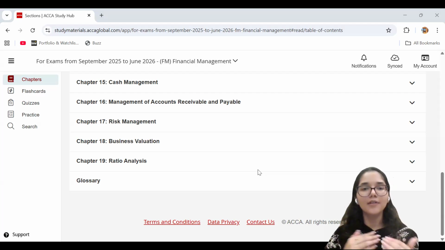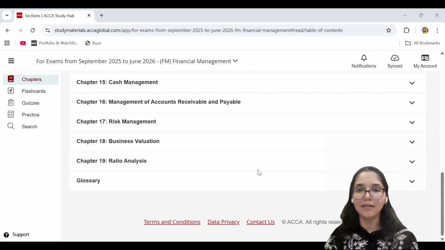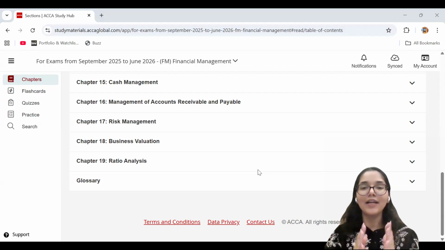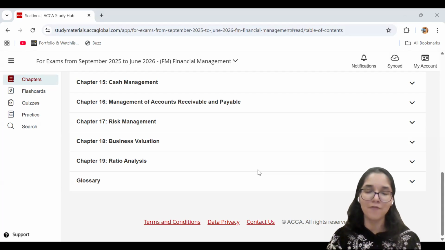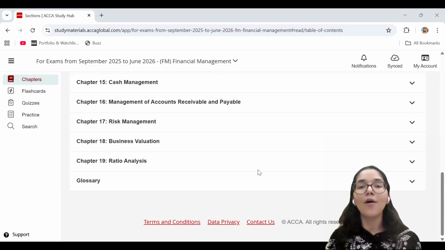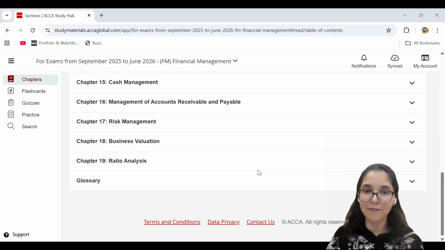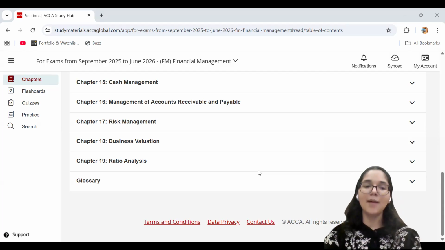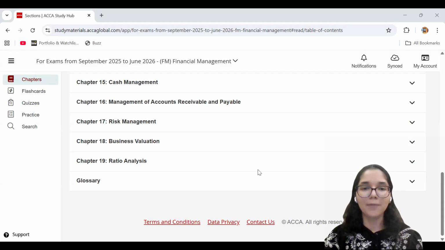So this is one chapter that we can very quickly get done with, and then we will delve into chapter number one, which is going to be the introduction of FM. So it's going to be all about why do we need FM, what is FM, and what do we want to achieve with FM. So the very first chapter that we are getting started with is chapter number 19, and I'll show you how easy everything is.